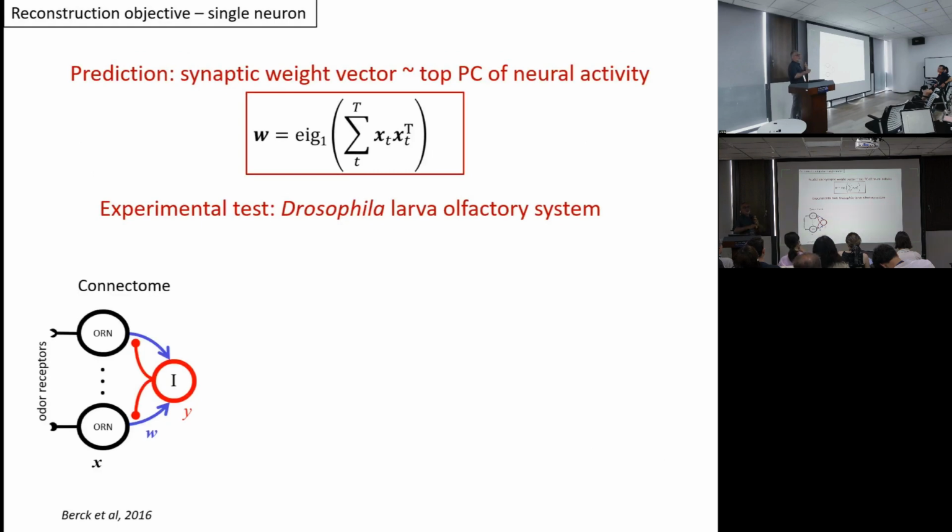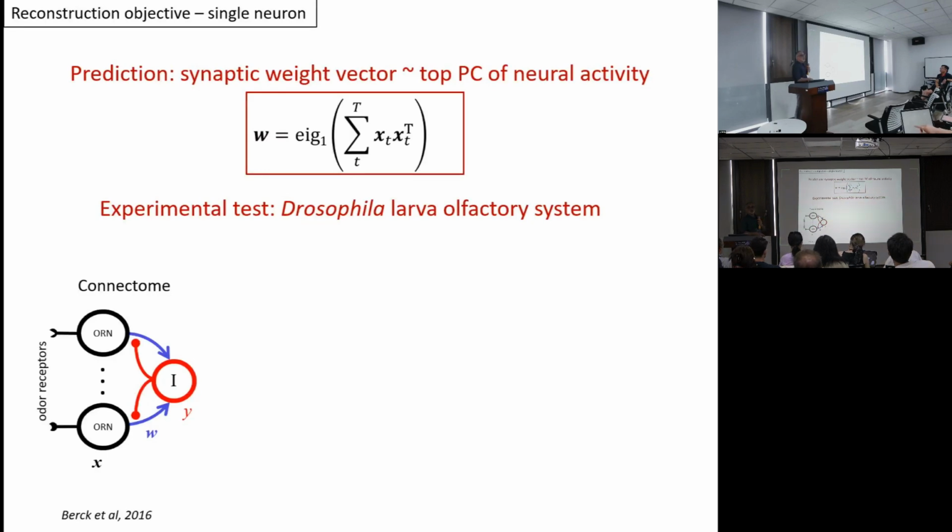Before Drosophila becomes an adult and flies away, it's like a little worm larva, and its olfactory system has just 20 neurons, each of which uses a different olfactory receptor. So each of them responds differently to the odors. And the circuit downstream of those receptor neurons has been completely mapped out.